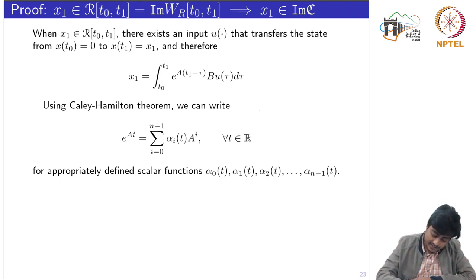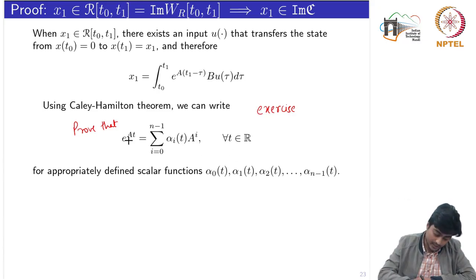You can take this as an exercise if you have any difficulty seeing this equation coming from the application of the Cayley-Hamilton theorem: you need to prove that I can express e to the power At as this. So by the application of the Cayley-Hamilton theorem, we can write this for some scalar functions alpha naught to alpha n minus 1.